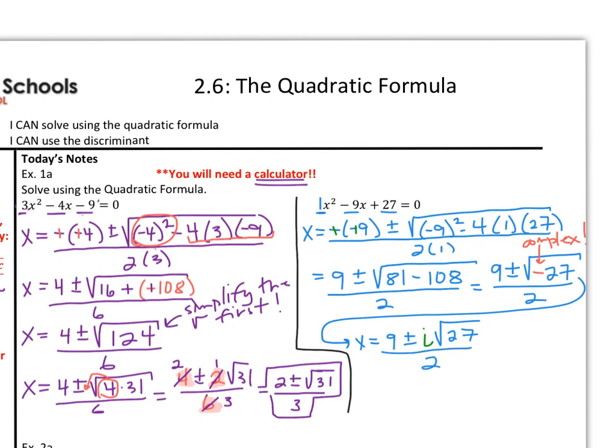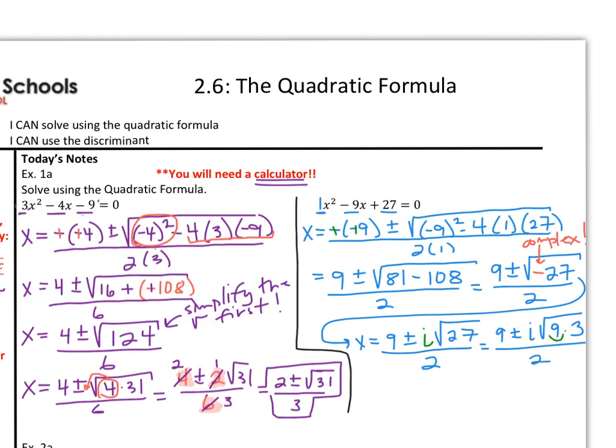Now remember, before we can reduce the fraction, we must simplify the square root. 27 breaks down into 1 times 27, or 9 times 3. And if we think about it as 9 times 3, 9 is a perfect square. So we would have 9 plus or minus i, and then on the inside, 9 times 3, but then all over 2.